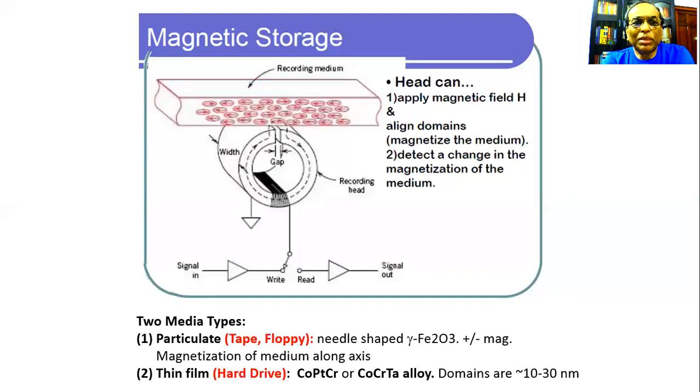This is the very basic magnetic storage total schematic. The top one is the recording medium and the bottom circular one is the recording head. The head can apply a magnetic field, align domains, magnetize the medium, and detect a change in the magnetization of the medium.